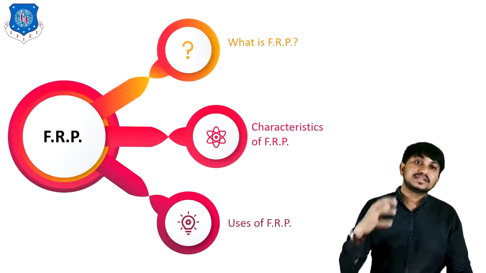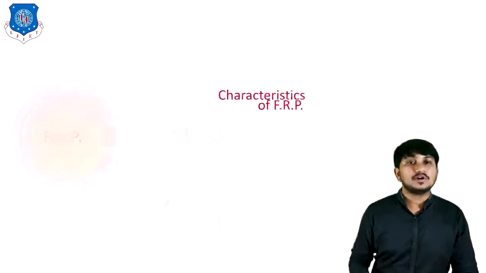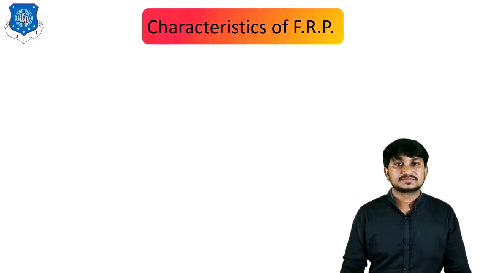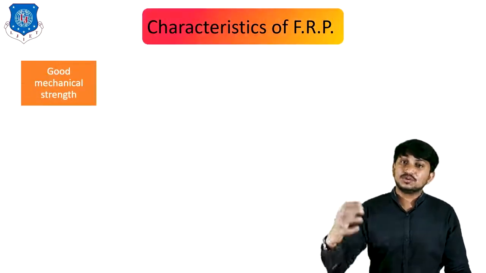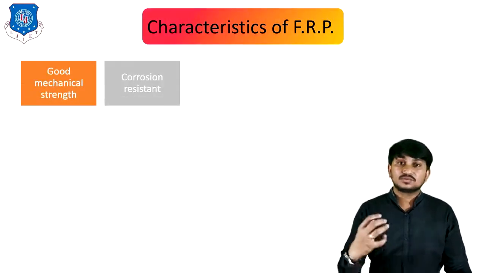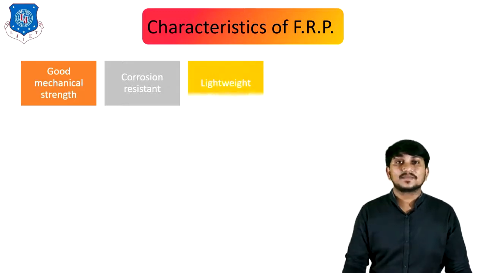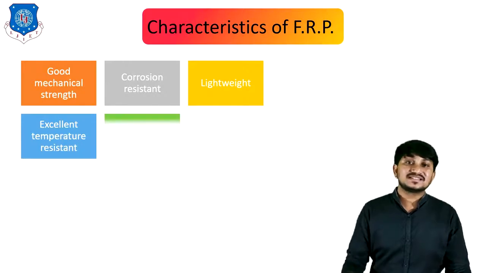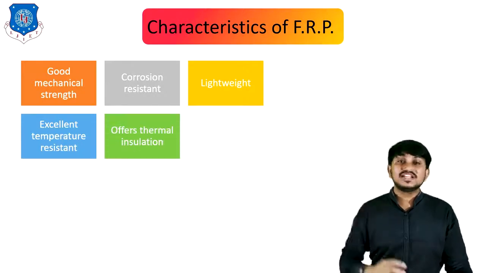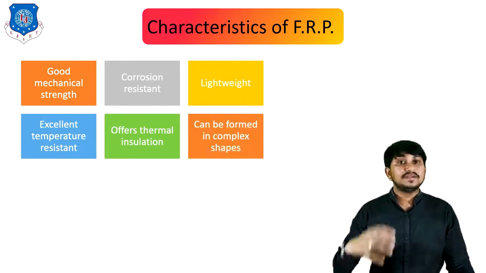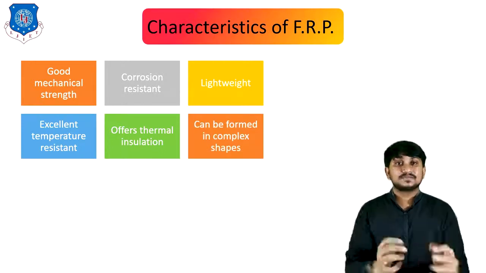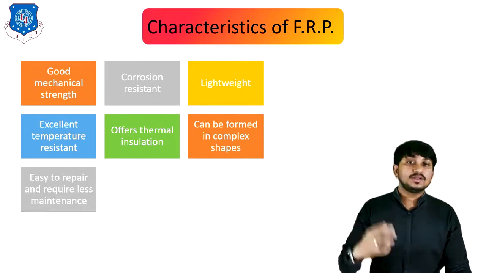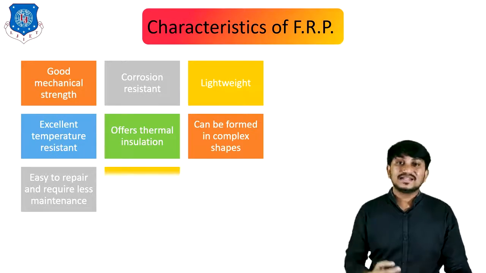Now let's see the characteristics or the properties of FRP. It has good mechanical strength. It has good corrosion resistance. It is light in weight. It has excellent temperature resistance. It offers thermal insulation. It can be formed in complex shapes. Okay. It is easy to repair and requires less maintenance.